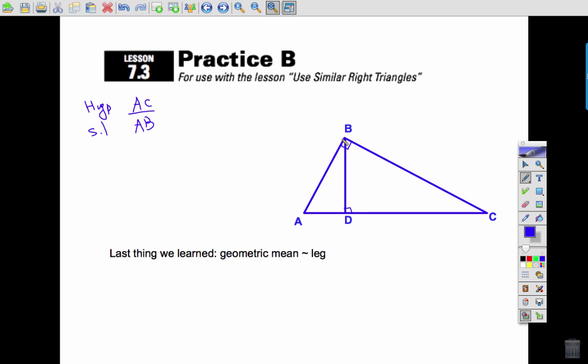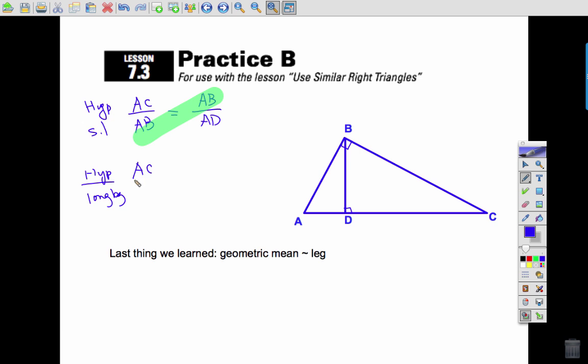Now, because I picked the smaller one, I'm going to look at this smallest right triangle. Notice that the hypotenuse in that is AB, and the shorter leg in that smallest right triangle is AD. Now I just set up a proportion using AB, which is one of the legs of the big right triangle, as the geometric mean. Now, I can do the same on this side. If I use AC again, the hypotenuse, over in this case the long leg, right?